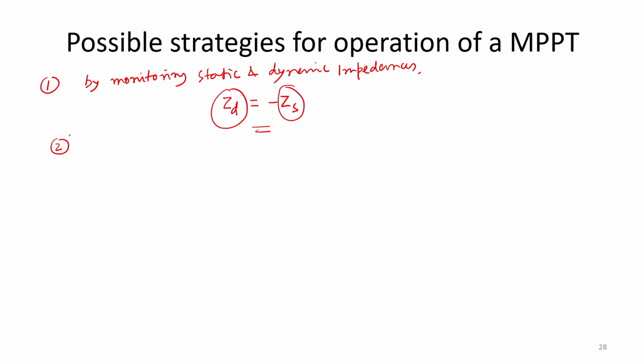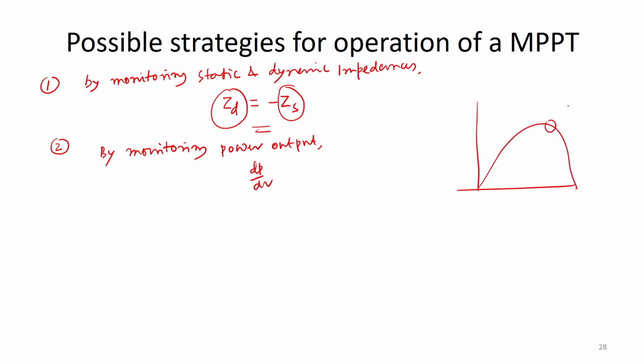And the second condition is by monitoring power output. It is something like, already we know dP by dV, right. In this plot, at this point, this dP by dV is 0, okay. And if we go from this point, then what will happen?